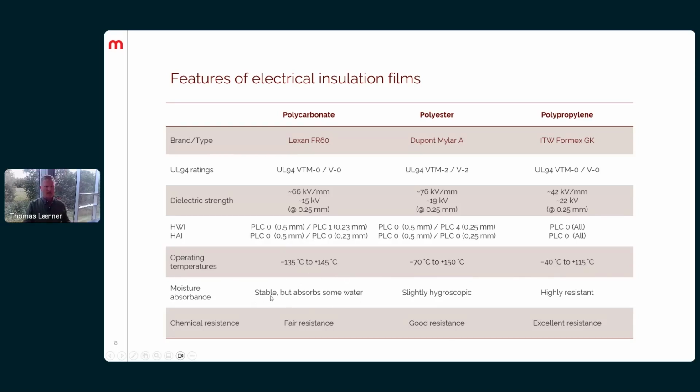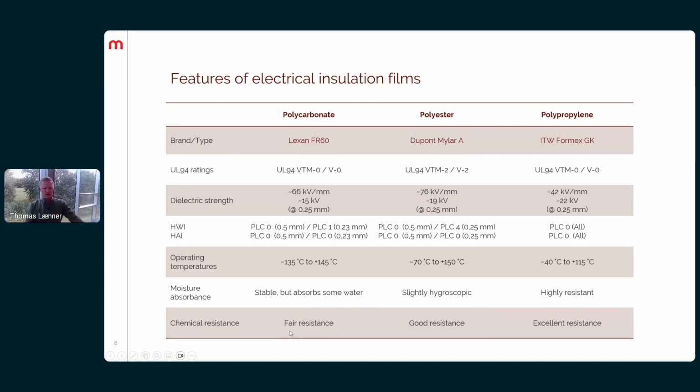Also, when it comes to moisture absorbance, polycarbonate actually absorbs water. Polyester is slightly hygroscopic, so it absorbs slight moisture or water. But polypropylene is highly resistant against moisture and water absorbance.